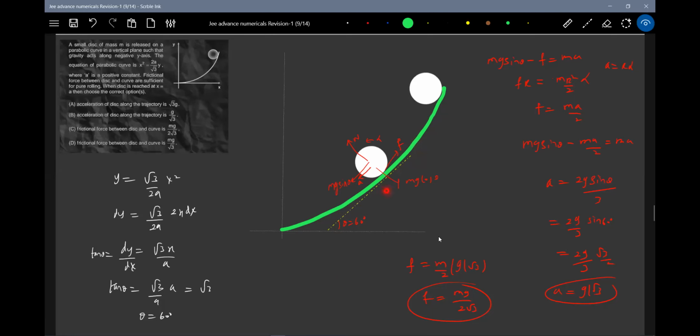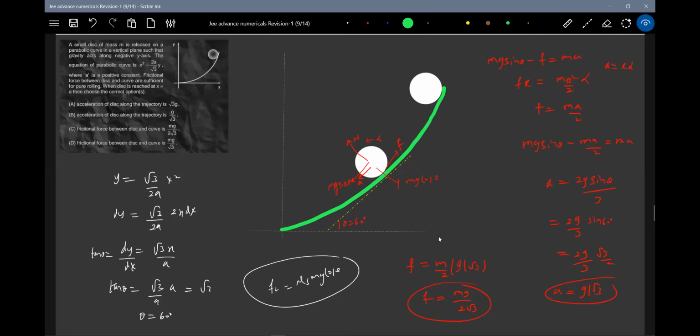So mu s mg cos theta is the limiting friction F L. Check whether the friction you calculated is less than F L. If so, pure rolling occurs. If greater than F L, pure rolling will stop.